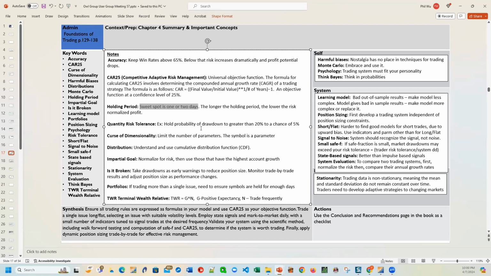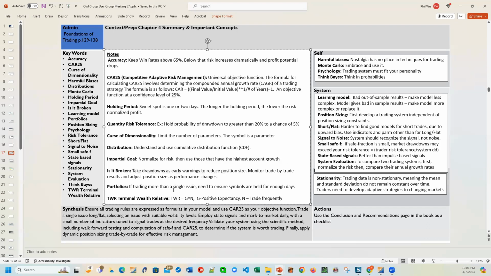In terms of risk tolerance, you want less than a 5% chance of having a 20% drawdown. Look at drawdown as an early warning to reduce position size. Monitor trade by trade, and adjust position size as performance changes. So this is that dynamic position sizing, Dan, that you're talking about.